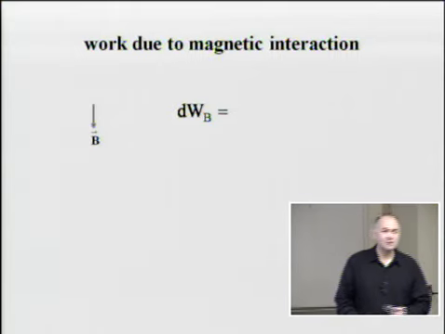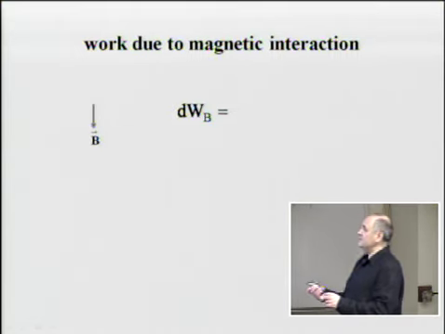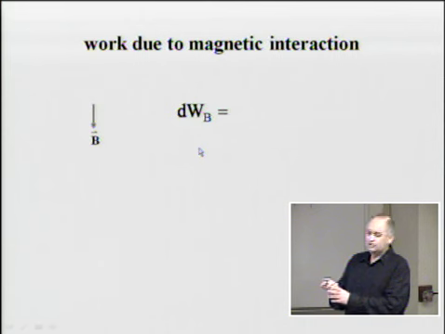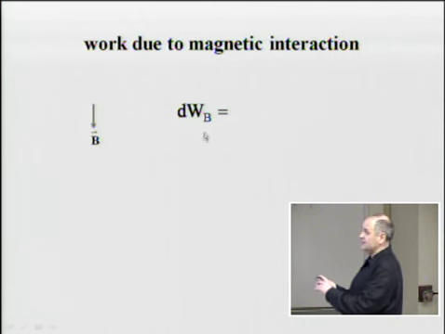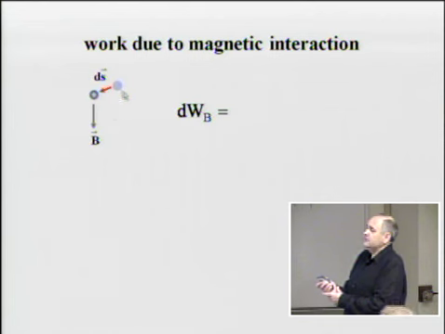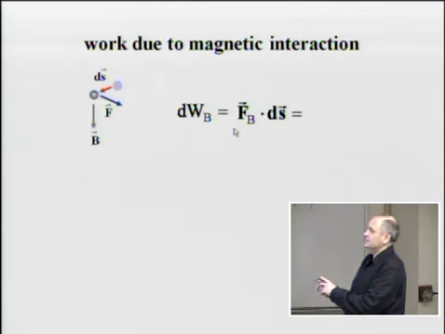Let's evaluate work performed on a particle due to magnetic interaction. In order to determine work, I will have to consider a certain differential displacement and calculate the scalar product of the force and the displacement. Right? This is by definition of work.